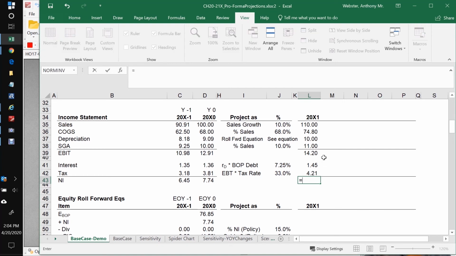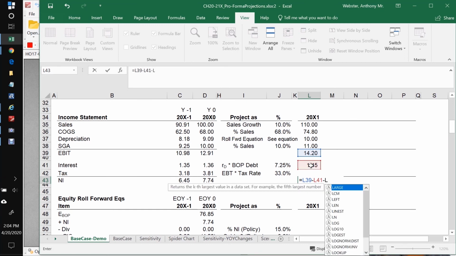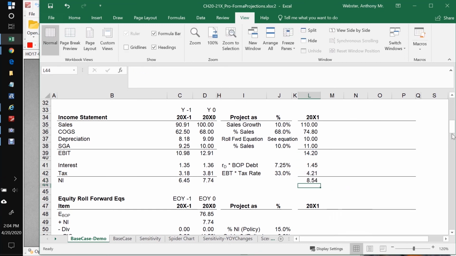So I have my net income is equal to my EBIT minus my interest minus my tax. Okay, 8.54. And yes, I know I'm doing this in Excel, and yes, you have to do it on a calculator, but it's really very, very similar.